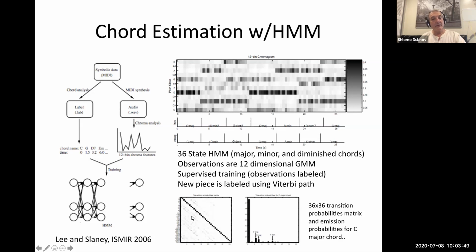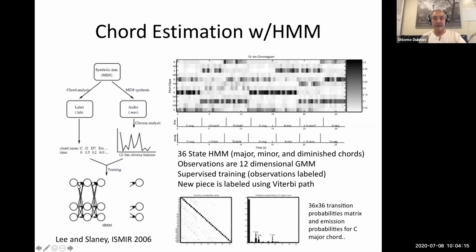But again, this is hidden, so this is learned from data. And once you're in a specific state, like a C major chord, it gives you a distribution over the chroma. So again, this is the Aij, the transition probabilities, and this is B of O, where the O's are the chroma, the 12 values, and the B corresponds to the C major chord. So these are the two elements.